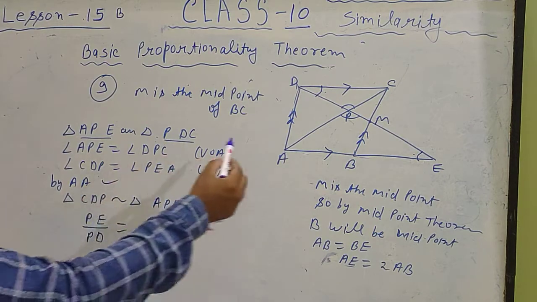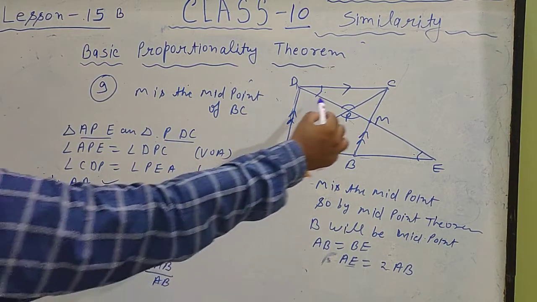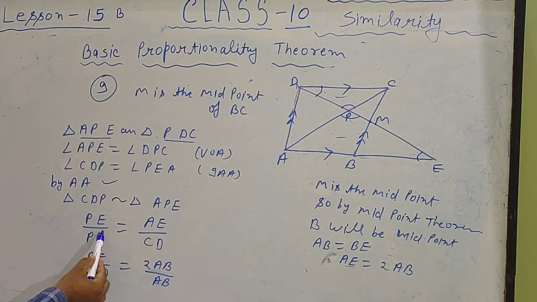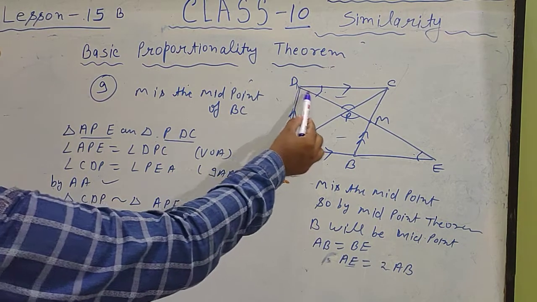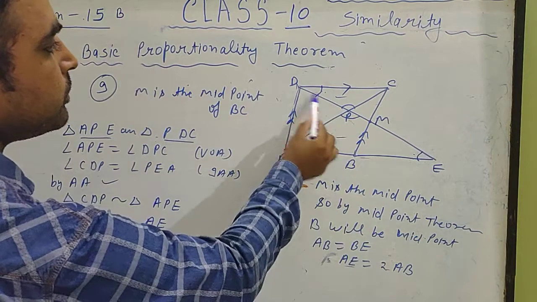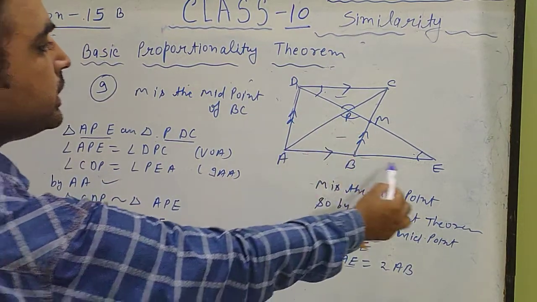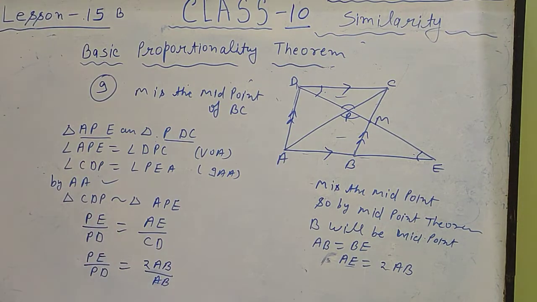Now we proved that both triangles are similar. This triangle is similar to this triangle. So by similarity property, PE upon PD is equal to AE upon CD. So now put the value of AE.